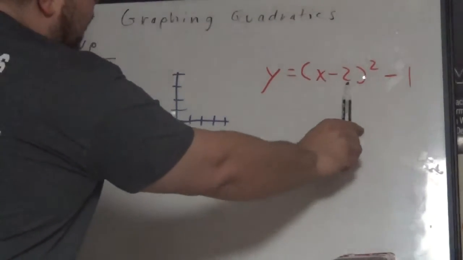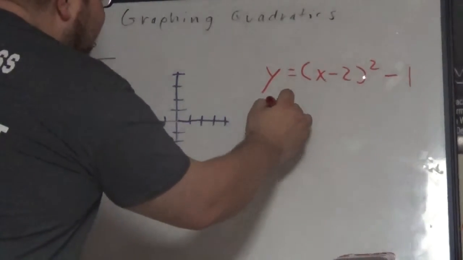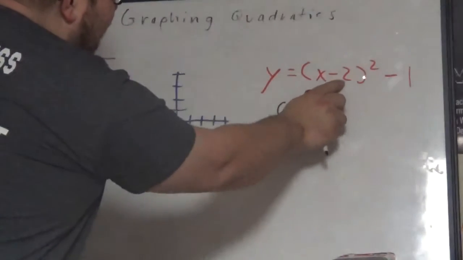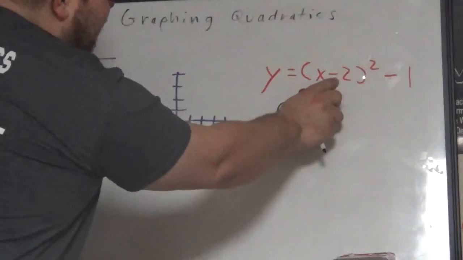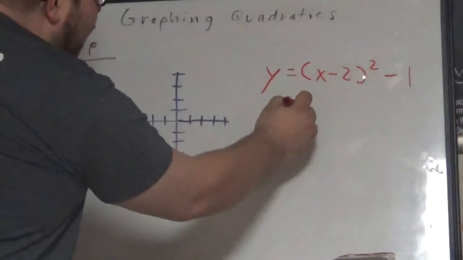So if you look at this, we have two numbers, and those are going to be the two numbers that make up the ordered pair of the vertex. The number in parentheses that's with x is going to be the x value, except anytime it's in parentheses, we're going to take the sign and flip it. So instead of -2, we're going to have +2.